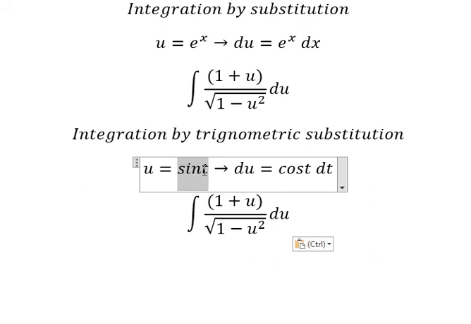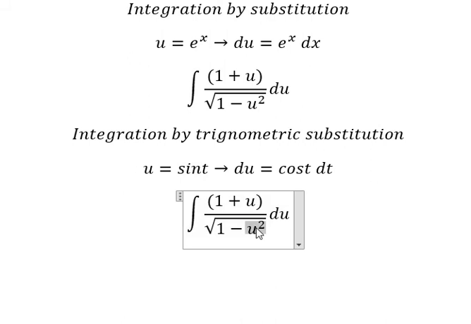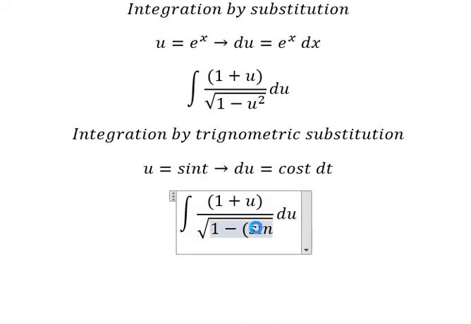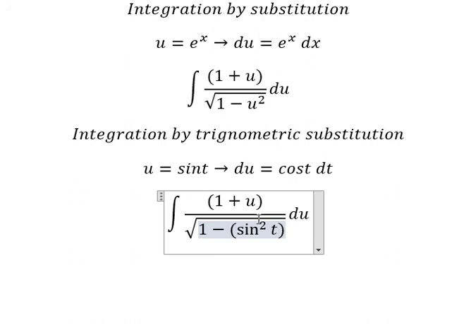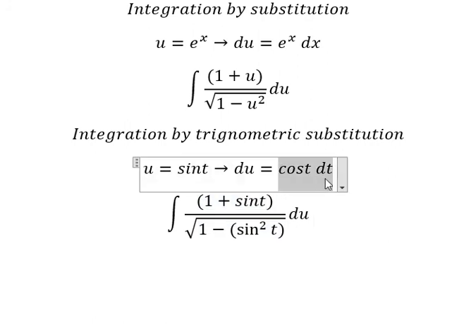So this one we change by u, and similarly this one. Du we change by cosine t dt.